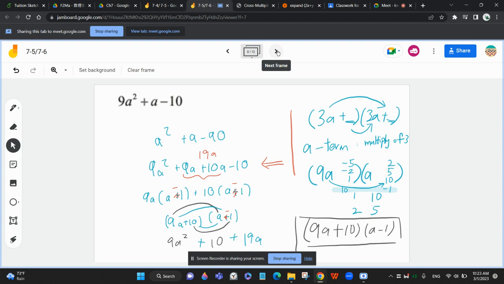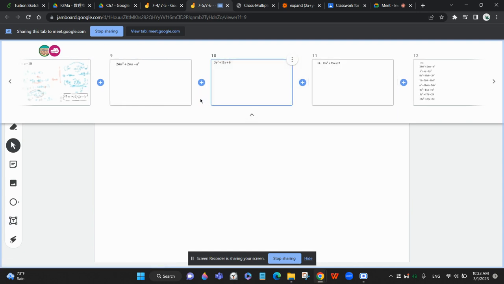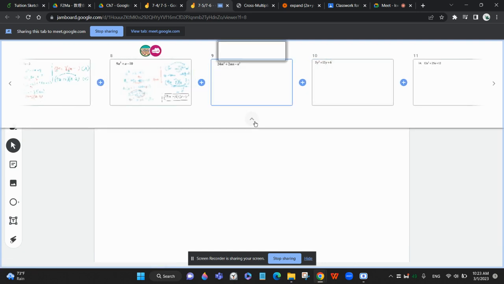Your method is a bit faster, but if you can try to be less careless, then it will be easier to get the question correct. Yeah, and then the next slide.